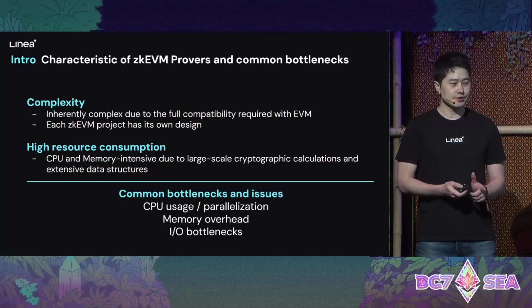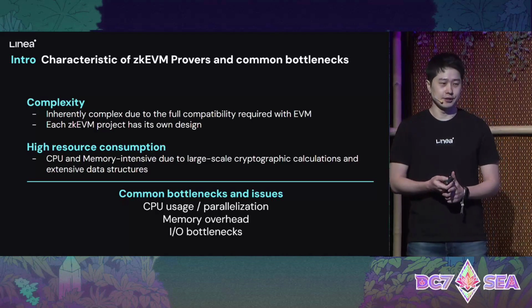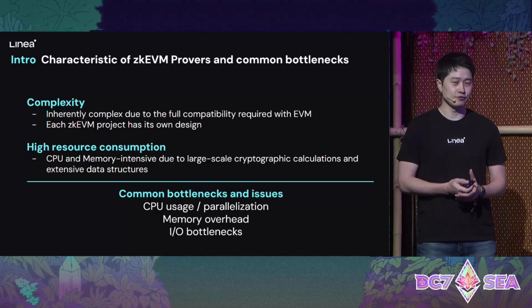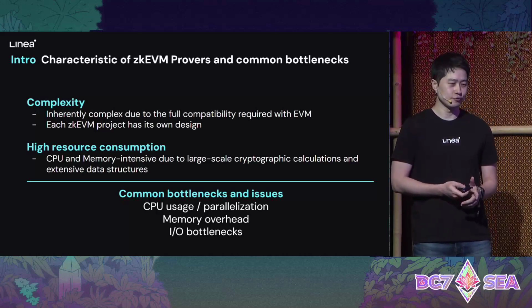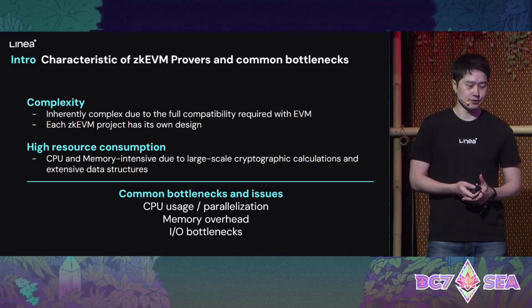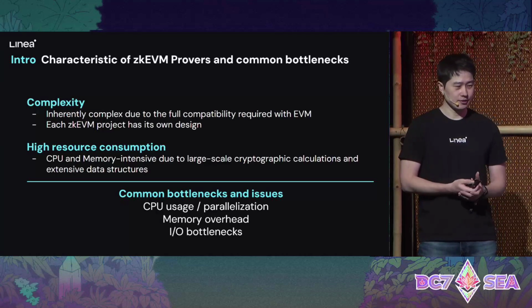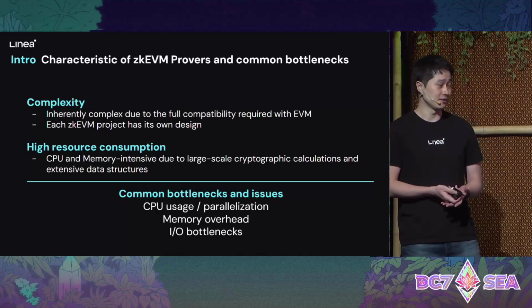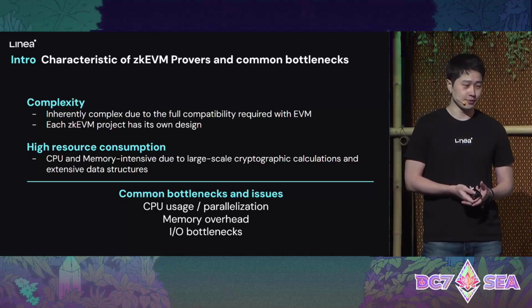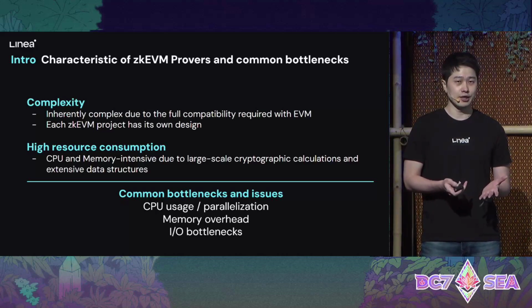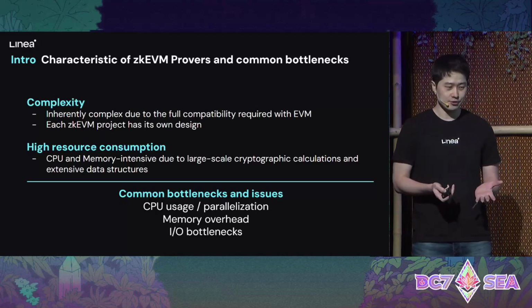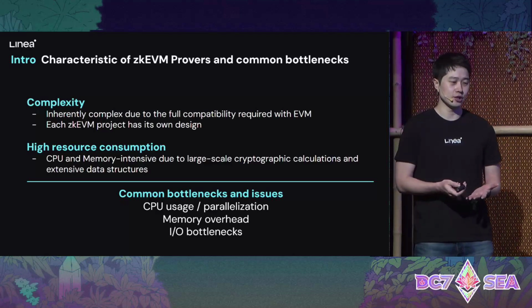So let me share some common bottlenecks here. Most ZK-EVM provers and projects have really high complexity. Inherently, ZK-EVMs are very complex because we want to simulate EVMs, right? And we want to provide full compatibility.